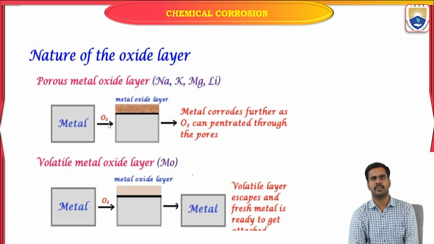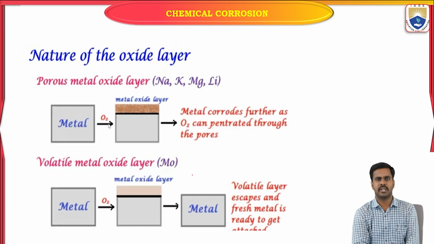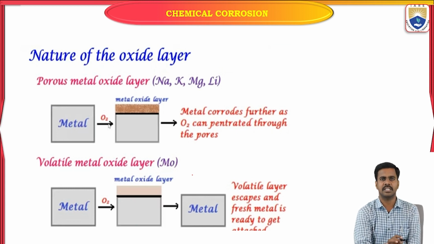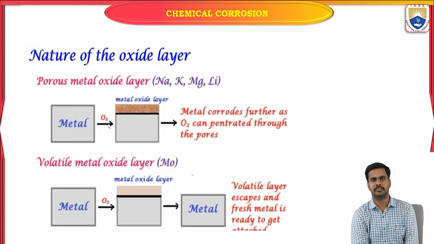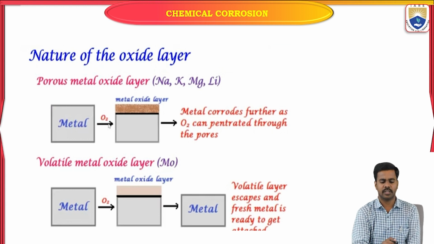Next, porous metal oxide layer. So especially sodium, potassium, magnesium, lithium. So this type of metals, when they react with oxygen present in the environment, form porous metal oxide layers.